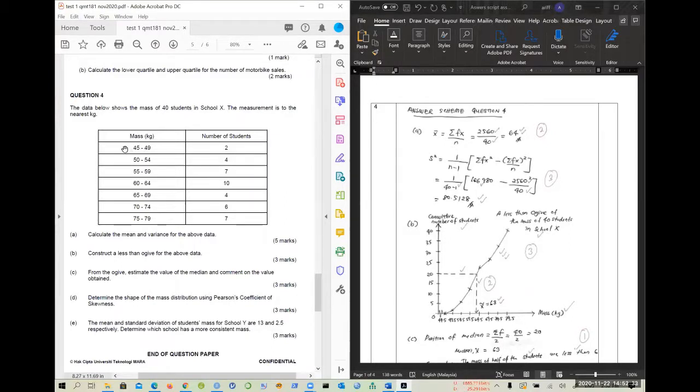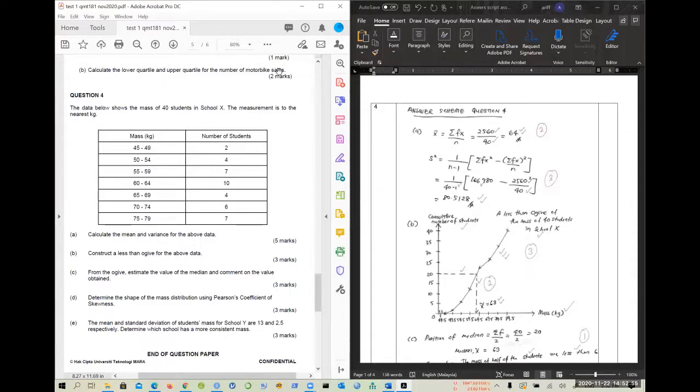So in this case, you take 45 plus 49 and then divided by 2. So you get 94 divided by 2, you get 47. And then for the second one, you get 52. Okay, 50 plus 54 divided by 2, you get 52, and so on.